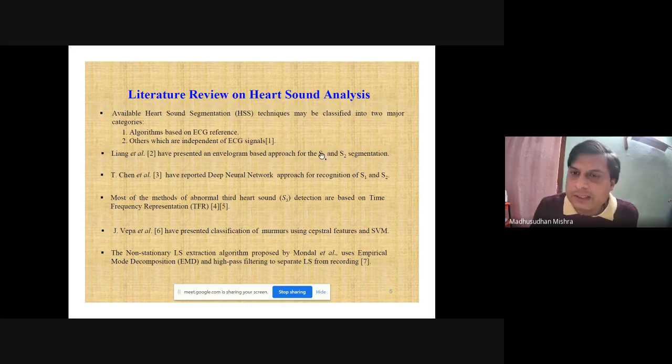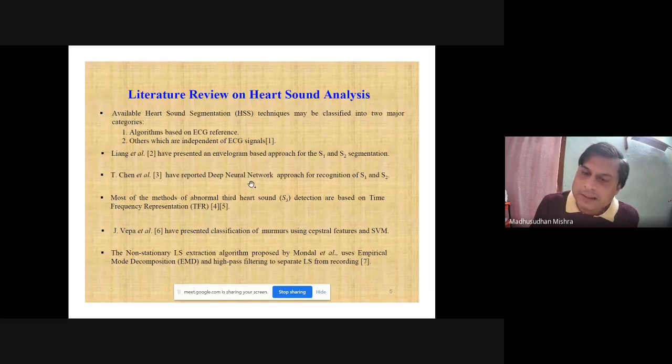Independent of timing and amplitude information, they have used a deep neural network approach for recognition or detection of S1 and S2 heart sounds. And it was a better approach as compared to the previous one.